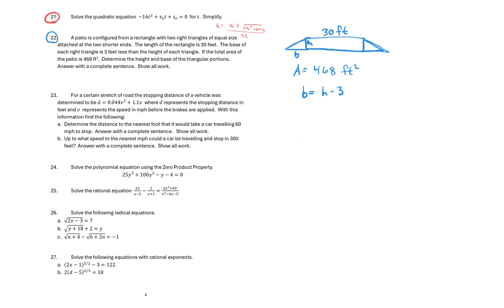So now let's try writing an equation for the area of this whole shape, because we know it's going to be 468. So this whole area is going to be the rectangular portion, which is 30 times our height. So here we have just this here times this, which gives us just this rectangular area.